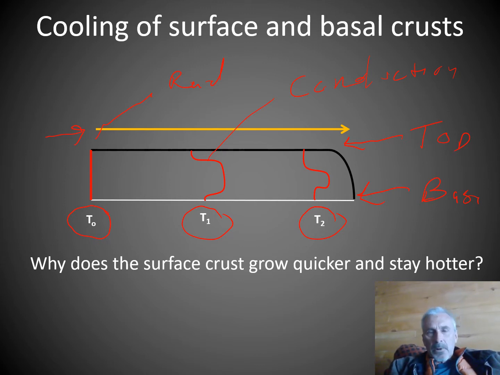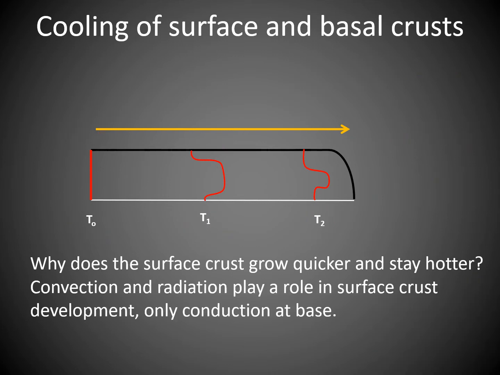The reason the upper crust grows so quick is that, for one thing, it's allowed to radiate into the environment. It doesn't radiate into the ground. It just radiates into the air, into space, if you're in that kind of environment. So the bottom crust just grows a lot more slowly. It has to conduct heat into the ground, and that's a much slower process.